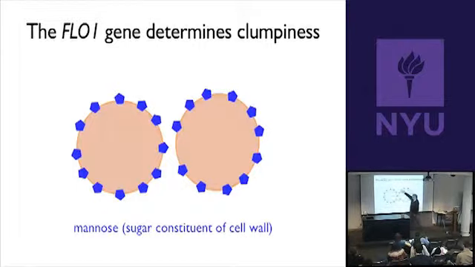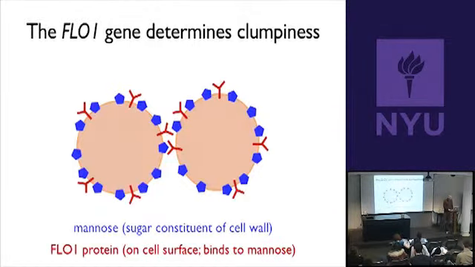There are these mannose sugars that are studded in the yeast cell wall. And there's a gene that encodes a protein that has a pocket in it that exactly fits that sugar. It's sort of like a lock and key kind of thing, where this protein can line up exactly with the sugar, and they're sticky to each other.